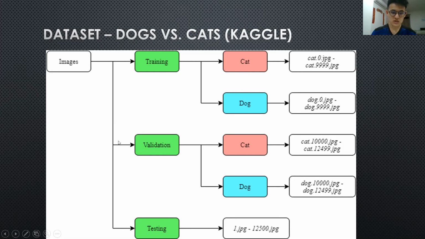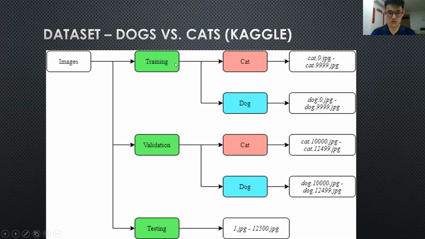So the validation data is achieved by extracting the last 2,500 images of dogs as well as of cats. So there's a total of 5,000 images for validation, 20,000 for training, and then testing consists of 12,500 images as well, but it's a mix of dog and cat images without labeling.